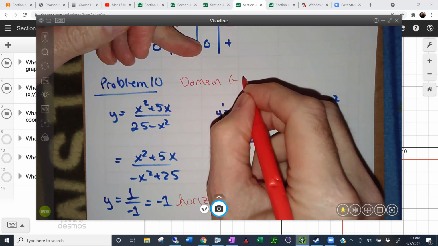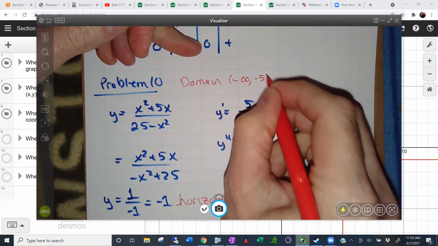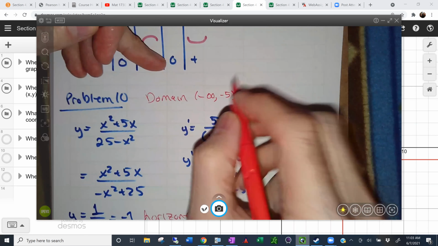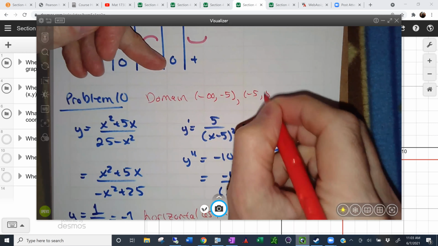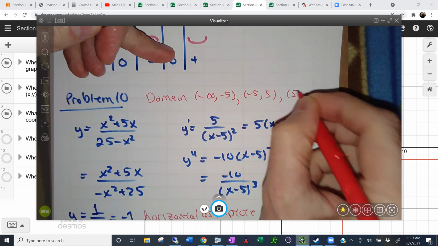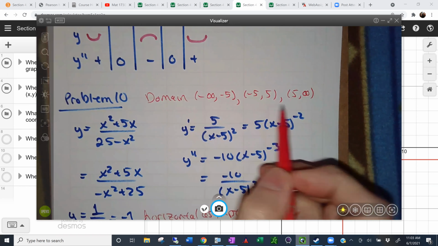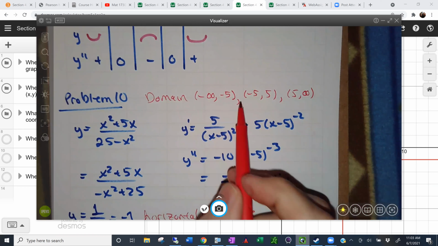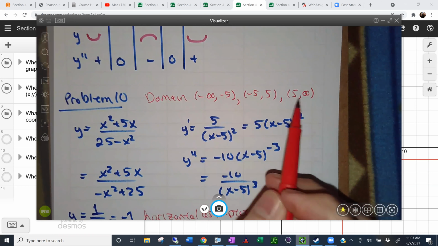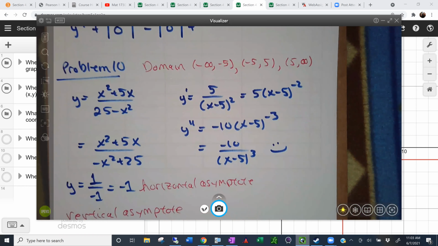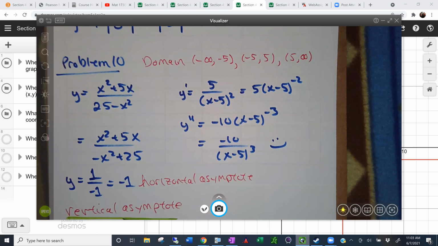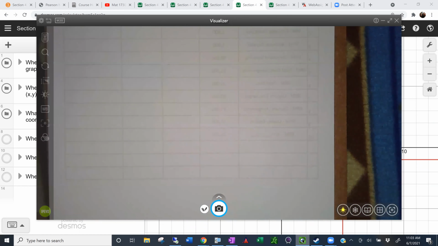So -infinity to -5, and I'll write it the WebAssign way with commas, -5 to 5, comma, 5 to infinity. That's our domain. You're just working around -5 and 5. Got to avoid those points, because that's where the denominator is going to be 0 and the function is going to be undefined.